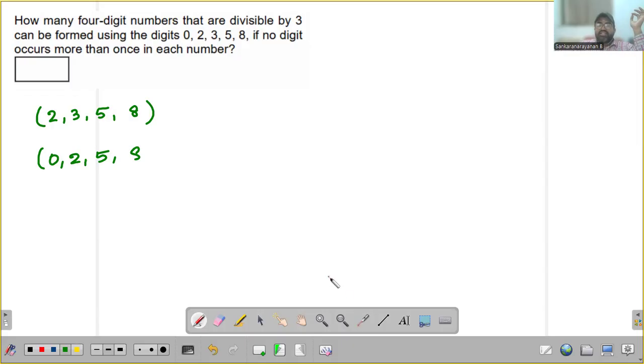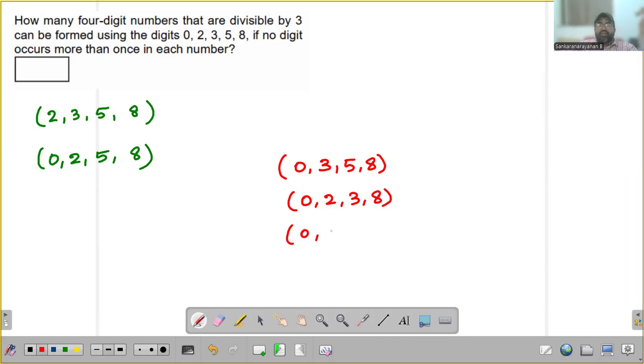You add these digits 8, 9, 10, 11, 12, 13, 14, 15, and this 0 comes here. Now, if you try to form numbers, if you remove 2, you have 0, 3, 5, 8. Or you remove 5, so you have 0, 2, 3, 8. Or you remove 8 so that you have 0, 2, 3, 5. Whichever the remaining digits that you are considering.